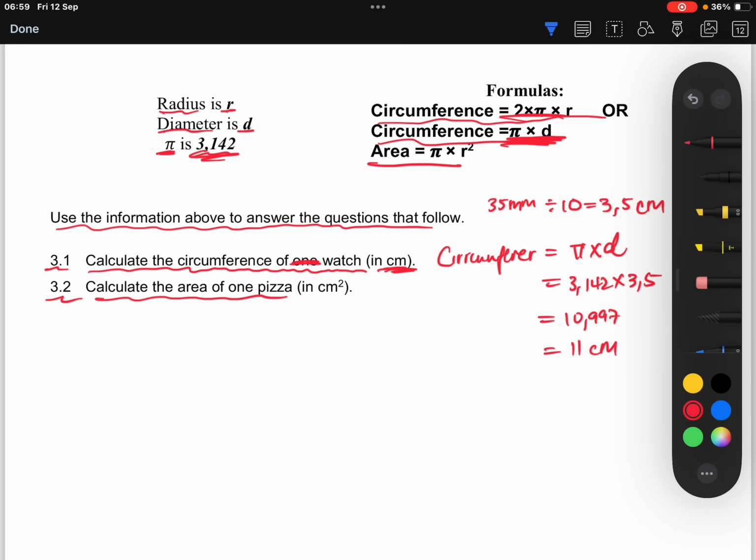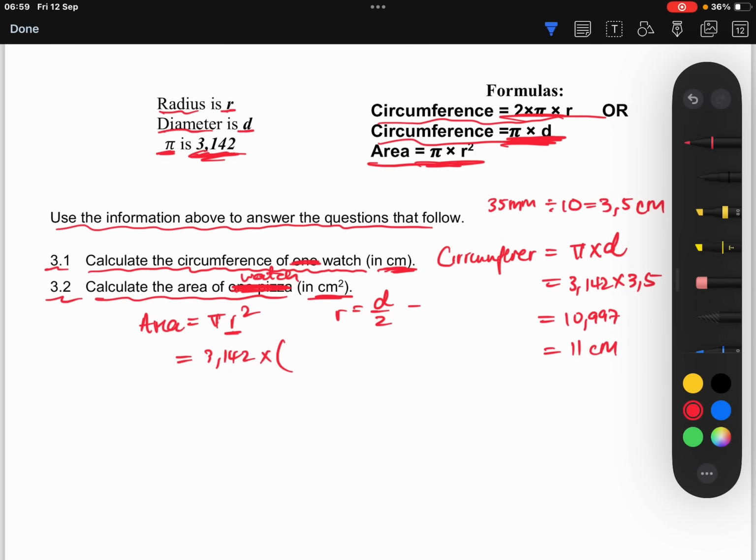Now let's go to 3.2 quickly. Calculate the area of the watch. We wanted the area of the watch in centimeter square. So we write the formula taking it from there. Area is equal to pi r squared. The pi is this value, times by the radius. Remember guys, we are not given the radius, we are given the diameter. So the radius is always half of the diameter.